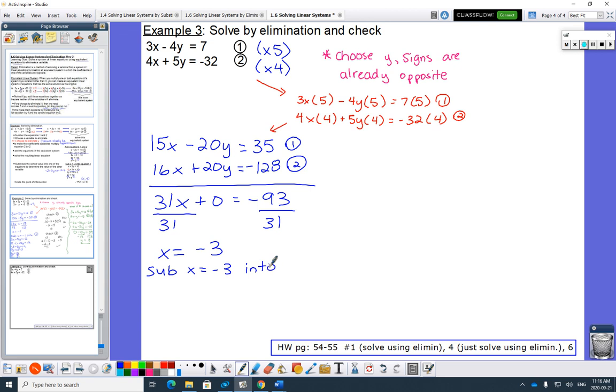So I'm going to pick number 1, but I'm going to pick my original one so that the numbers are smaller.